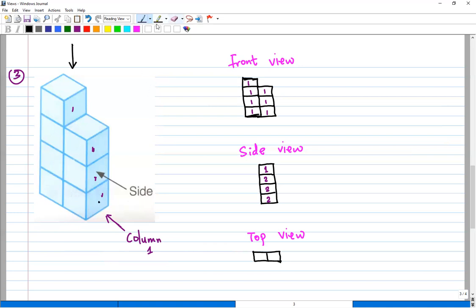Now, this level has got how many cubes below it? We have 1, 2, 3, 4, 5. You see that? No. We have 1, 2, 3, 4. Yes, 4, not 5. So we will write here 4. And this one has got 1, 2, 3.